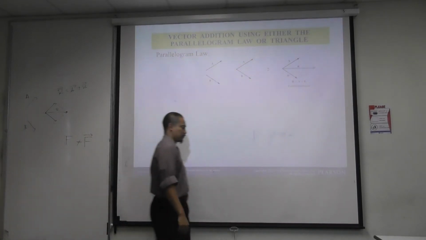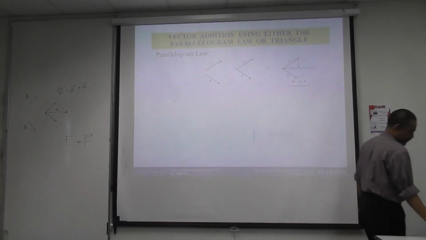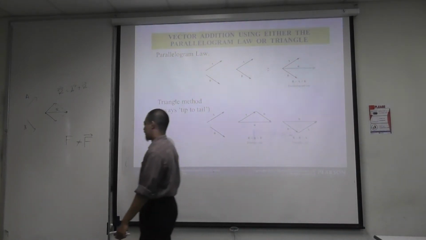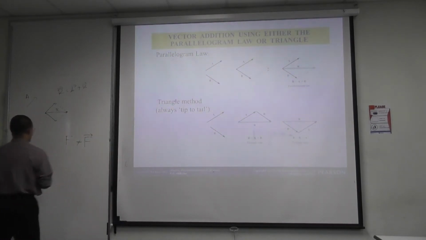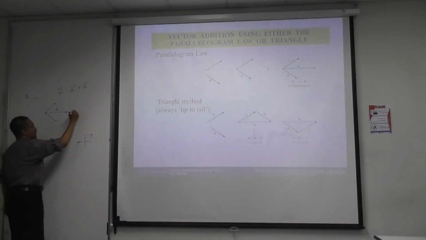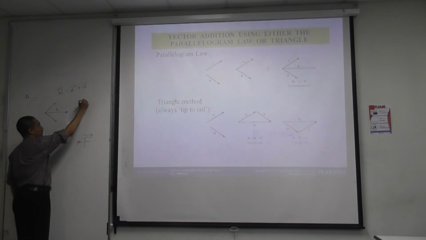Right? And of course, other than this, you can use the triangle also. The difference is basically the same thing, right? But for the parallelogram you start at the same point and add the parallel lines and make the point, right? If you have the triangle, for example, you start with A, at the end here you add B, and then you get R, right?